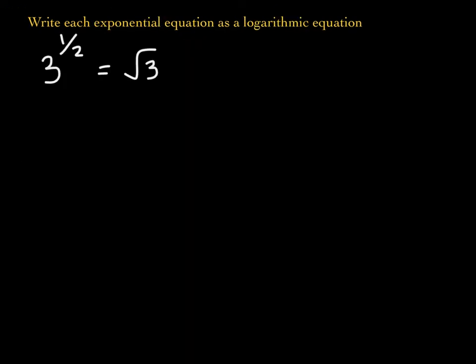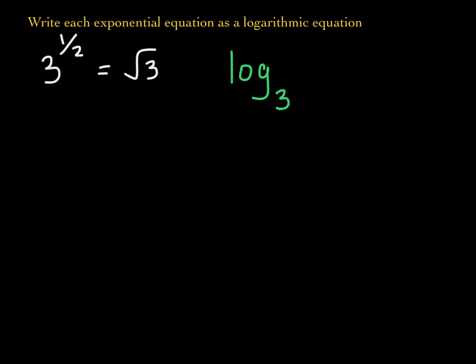Write each exponential equation as a logarithmic equation. When you write a log equation, you need a log, and then the subscript is your base. When you look at this exponential equation, the base is 3, the exponent is 1/2, so this must be the argument. The base is 3, so I'm going to write down the subscript of 3. That's your base.